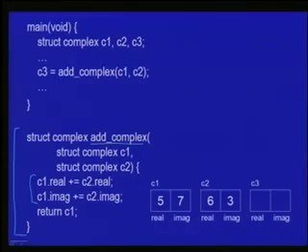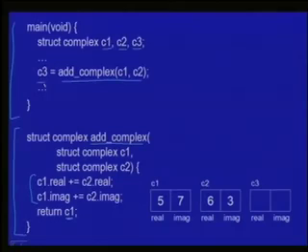So C1.real plus equal to C2.real, that means the value of C2.real is added to the existing value of C1.real, and similarly C2.image is added to C1.image, and finally the value of C1 is returned. And let's say this is how this function is getting called from the main program. We have three local variables C1, C2, C3 of main, and we call add complex C1, C2, and the return value is stored in the variable C3.